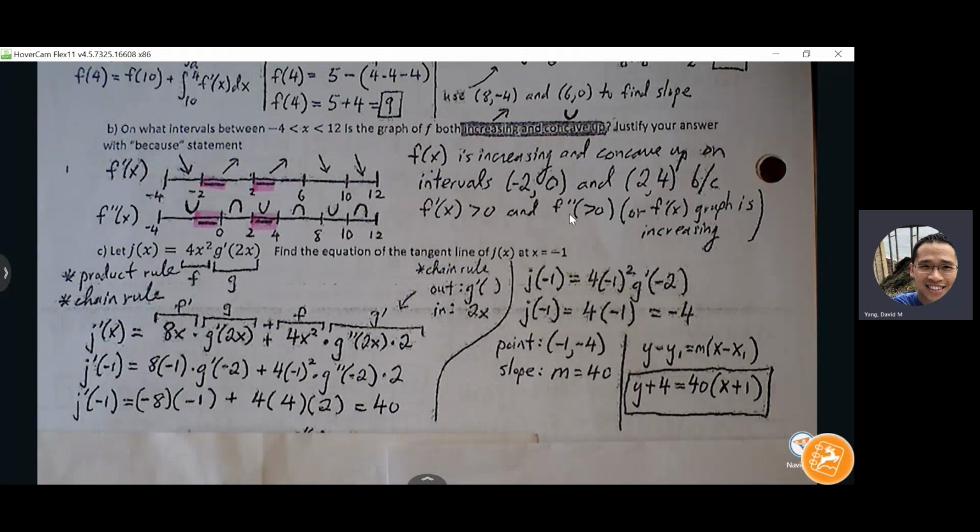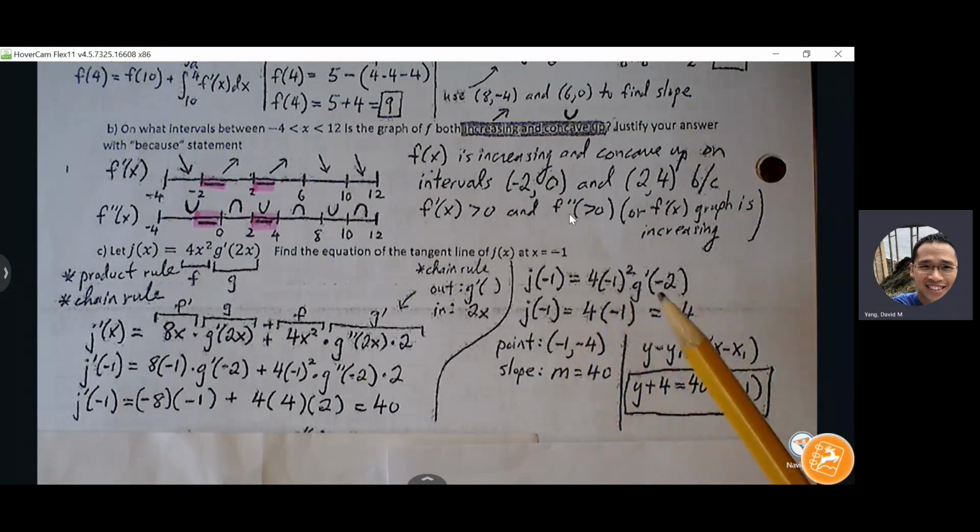So for the ordered pair, insert -1 in for x.